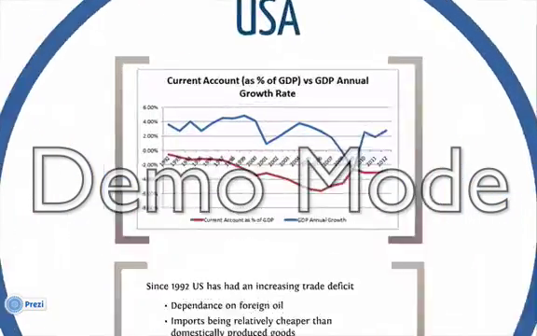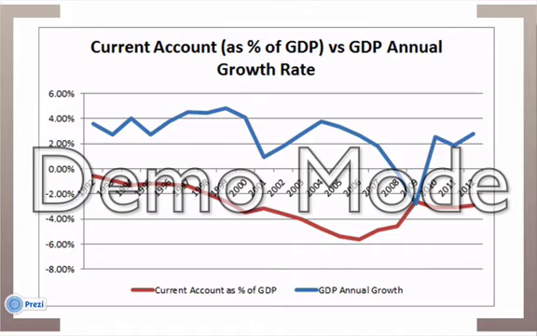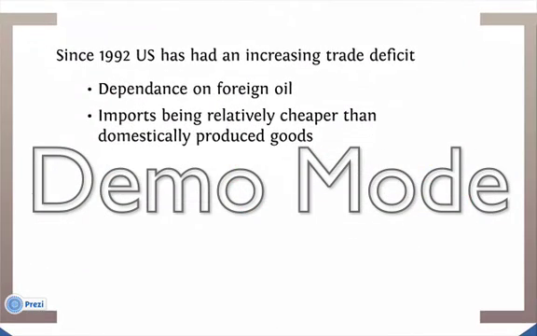Moving on to the US, you can see that the US has run a current account deficit, and this has been largely driven by the dependence on foreign oil and imports being relatively cheaper than domestically produced goods.